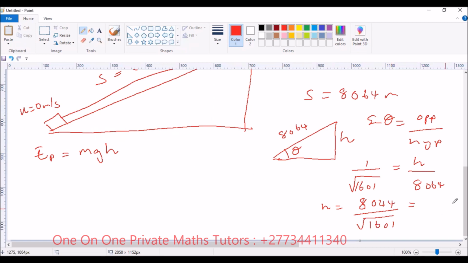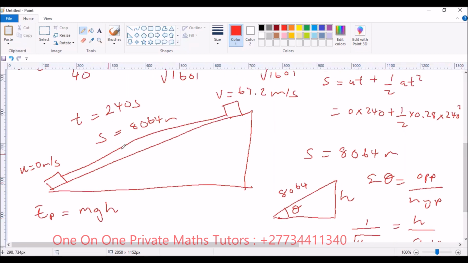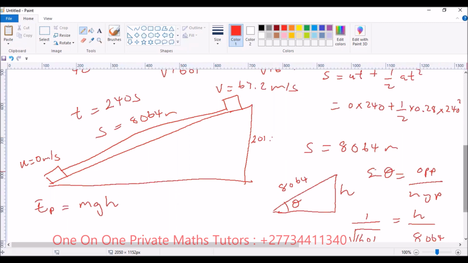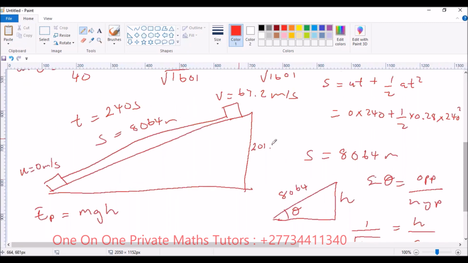If you punch this on the calculator, you get 201.54 meters. Okay, this is a height. Now we know this motion up there in 4 minutes has brought it to a height of 201.54 meters.